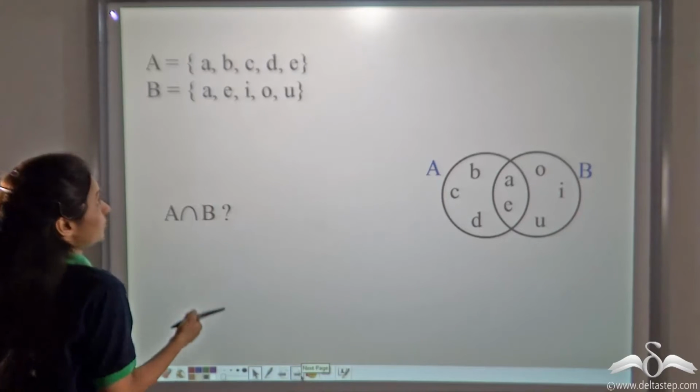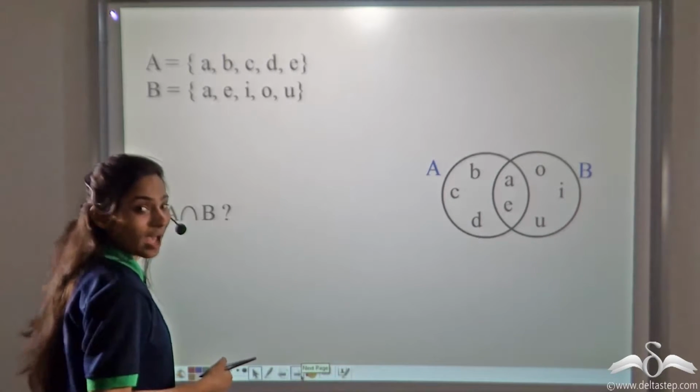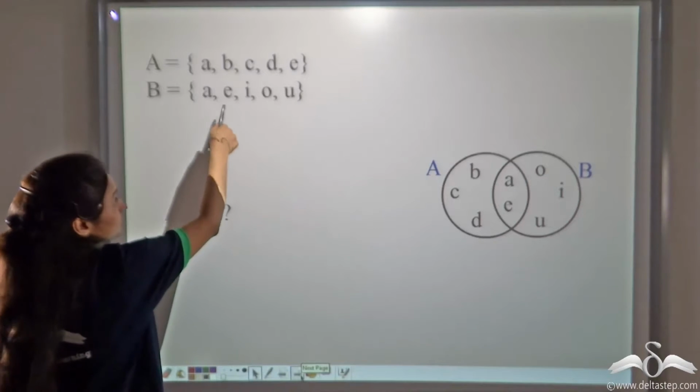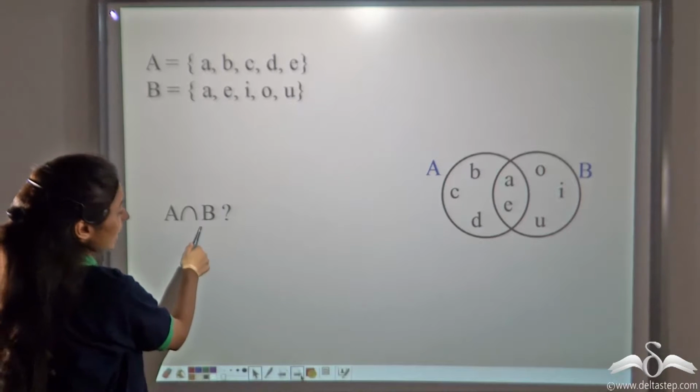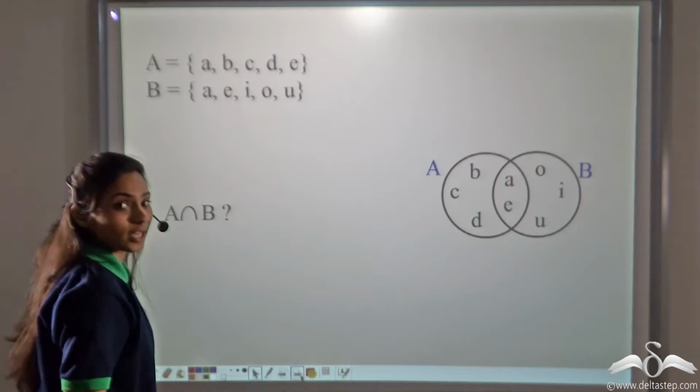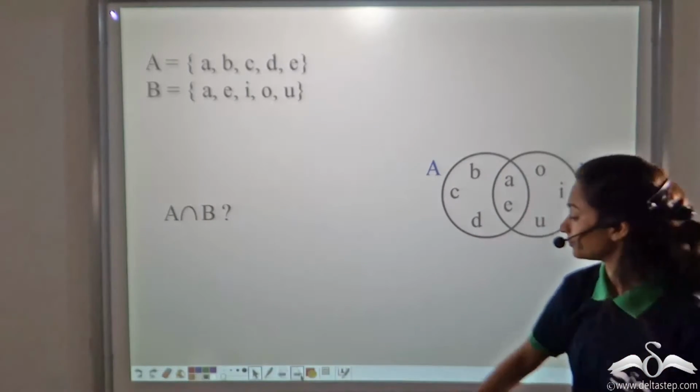Now, take this example. Here set A is the first 5 letters of the English alphabet and B is the 5 vowels of the English alphabet. What is A intersection B? Can you find out? Let's consider the Venn diagram.